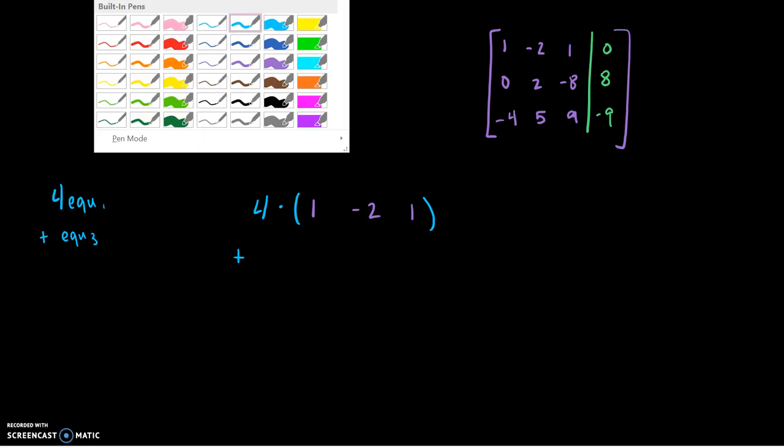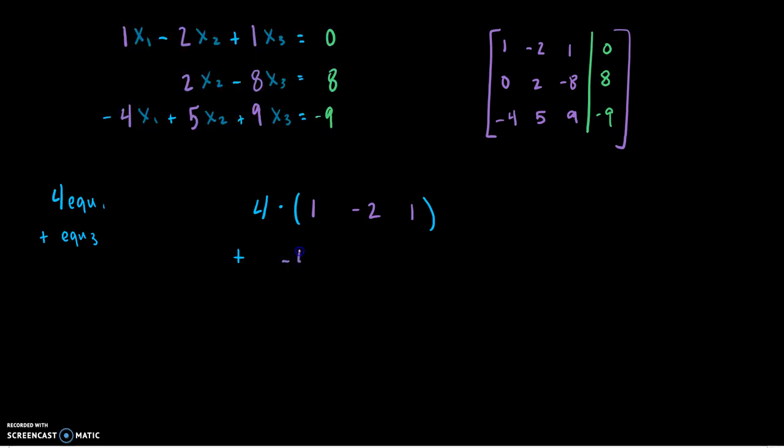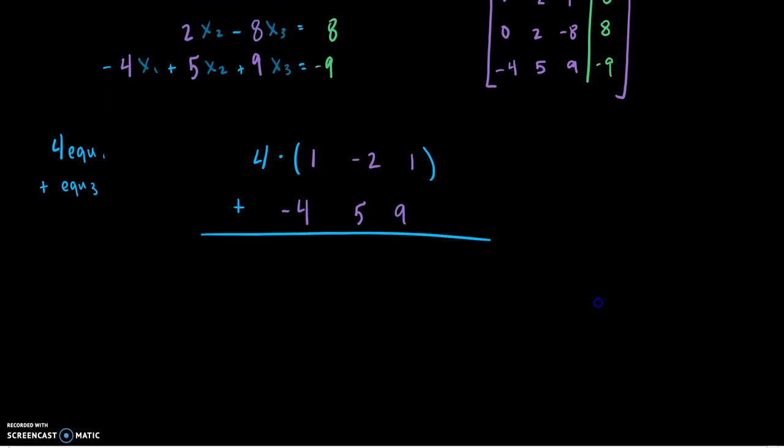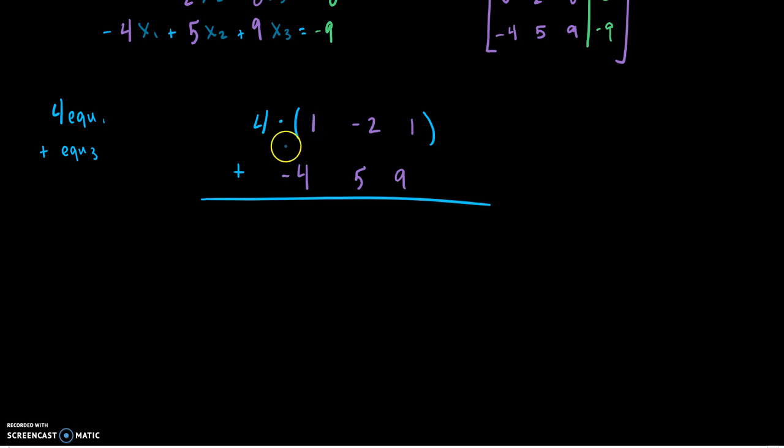Now equation 3 has negative 4, 5, and 9. And what do we get here? Well, 4 times 1 is 4, and then we add 4 to negative 4. So that becomes a 0. And that's nice. That's exactly what we wanted.